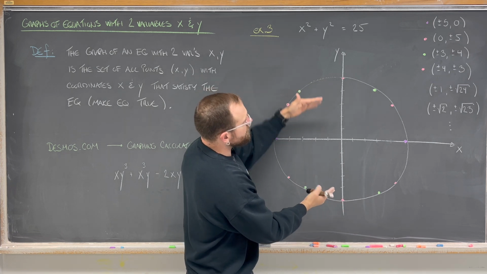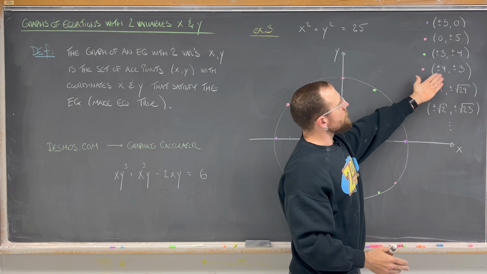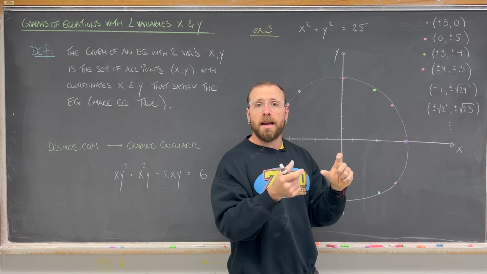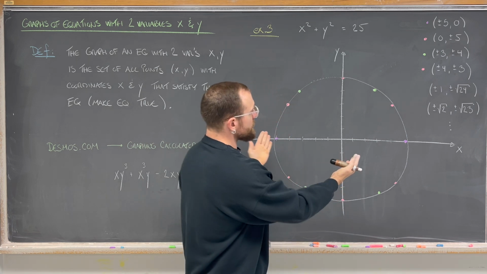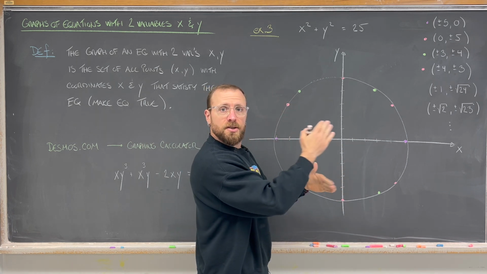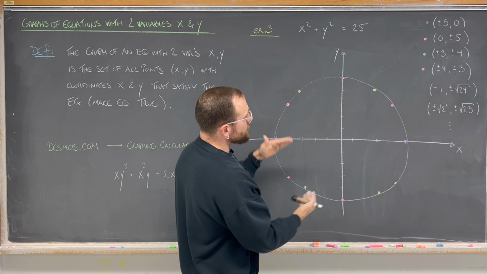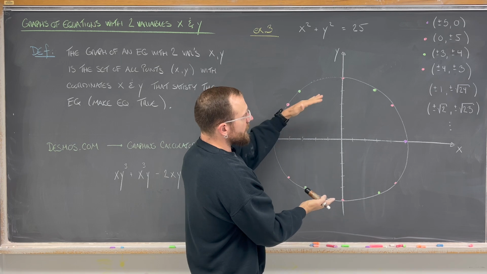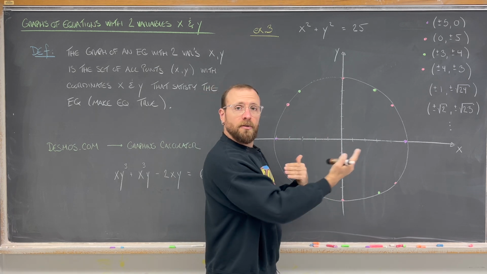And this idea that once you have a solution, you can switch its x and y coordinates, make them positive or negative, shows itself by all of the symmetry that this shape has. When you switch the x and y coordinates, you reflect the circle. When you negate the x and y coordinates, you reflect the circle.